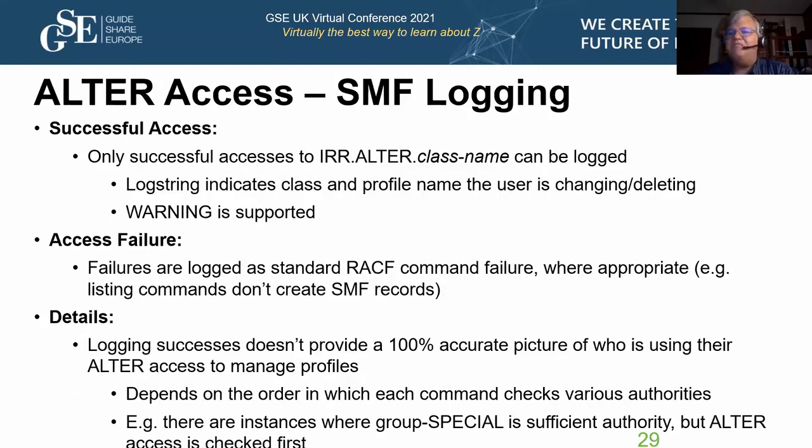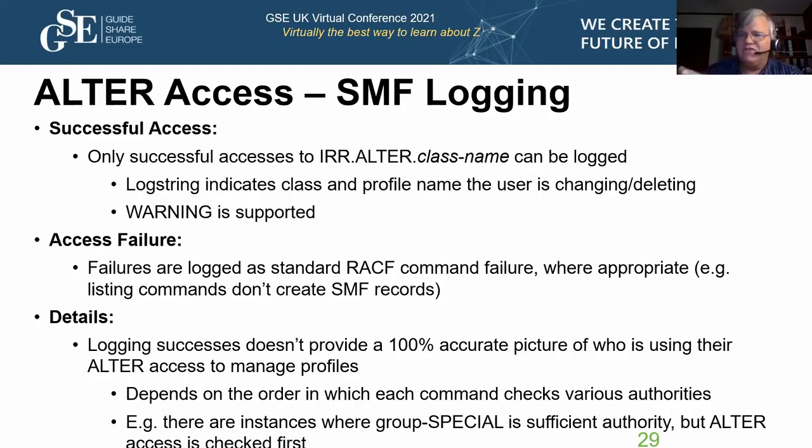Now, a bit about logging for this. Yes, you can turn logging on. You can say audit all if you want. Only successes will be logged. That's by virtue of the nature of how we wrote the code. And just a detail, if you're looking at the SMF records, because of the way RACF does some of its checking, for example, if you have group special authority, that is sufficient in some cases to do one of these administrative things.